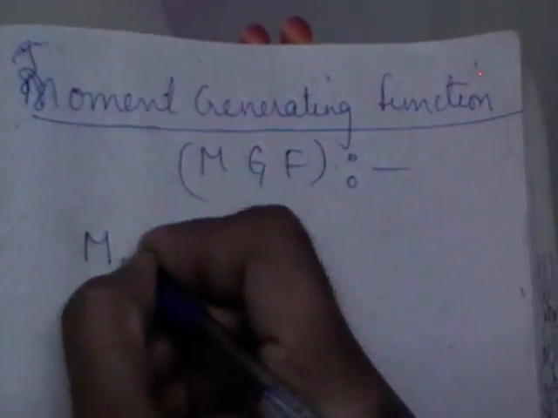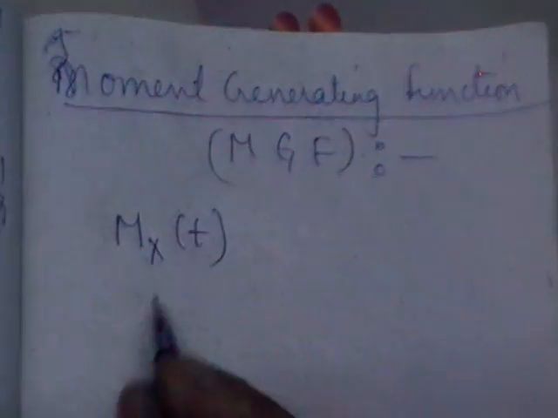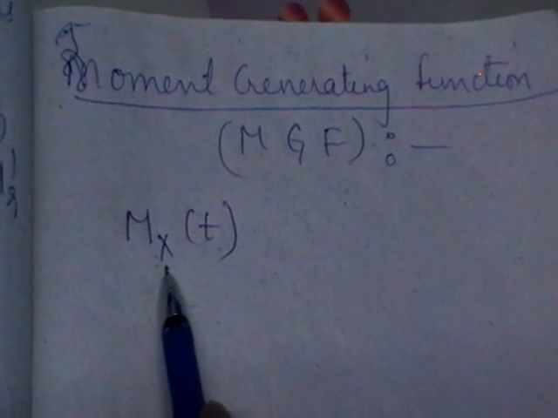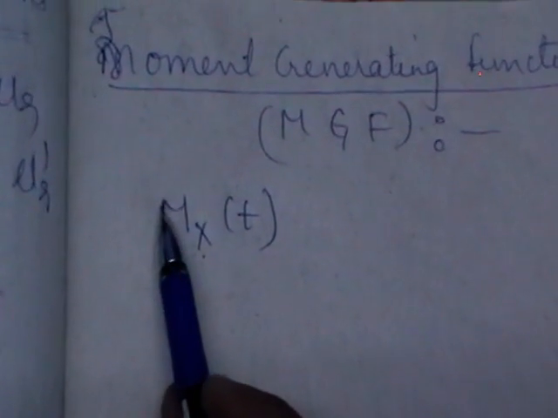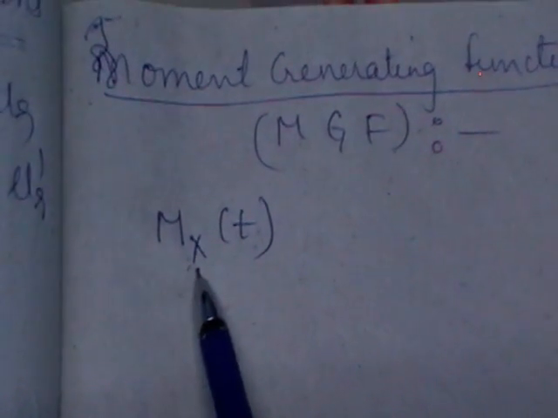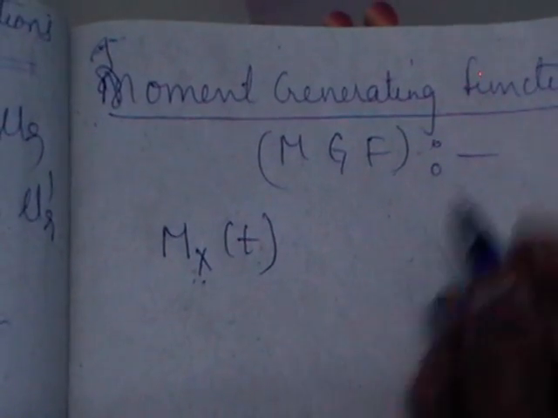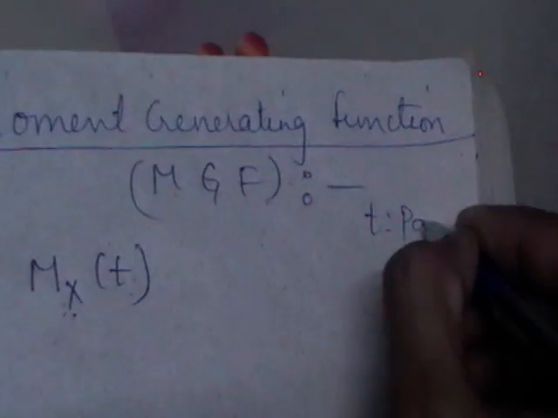Moment generating function. We indicate it with MGF. The short form for this is nothing but moment generating function. It is denoted with M_X(t). Means if you take any random variable x, its generating function is denoted with M_X(t), where x is the random variable and t is called the parameter.